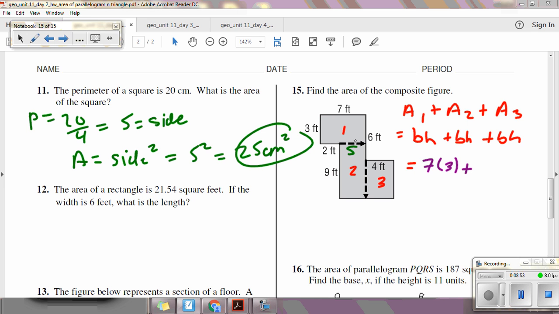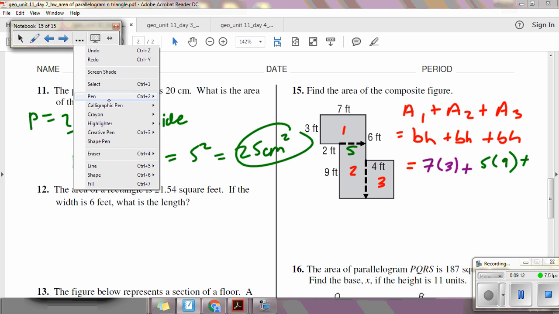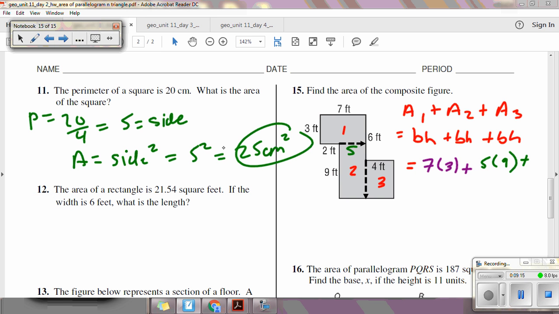That represents the top of rectangle 2. And then the left side is labeled as 9, so it's 5 by 9. And then our last rectangle, rectangle 3, the top of it is 4. So we know that the entire side is 9.